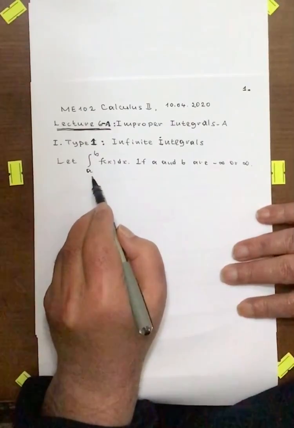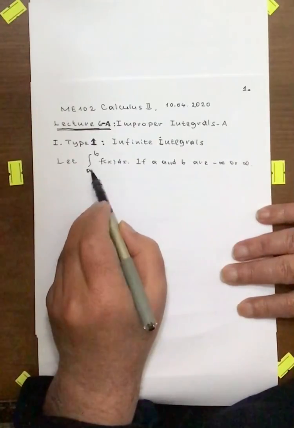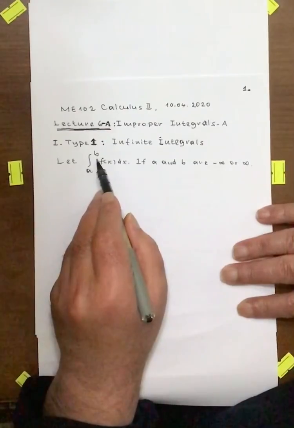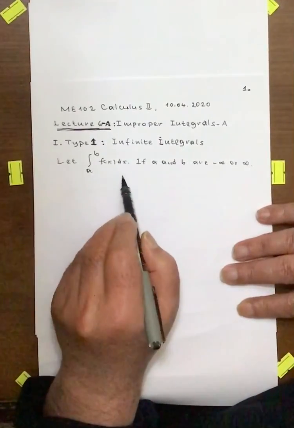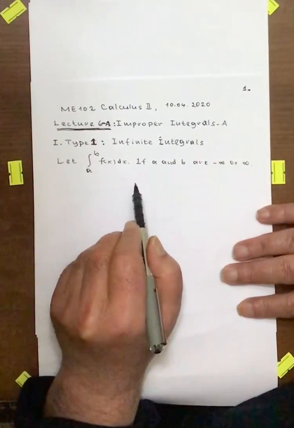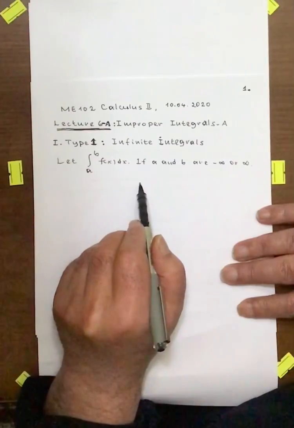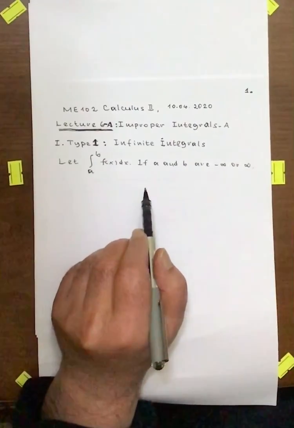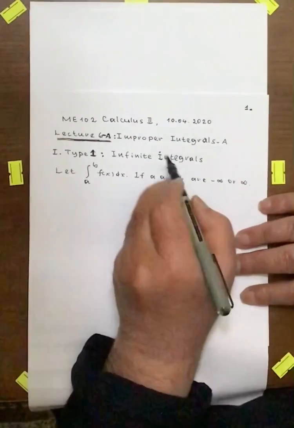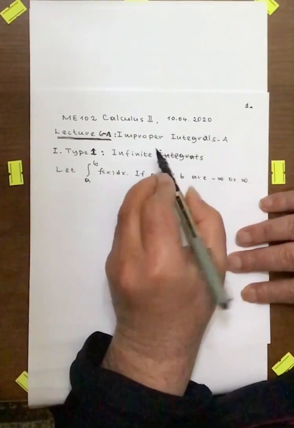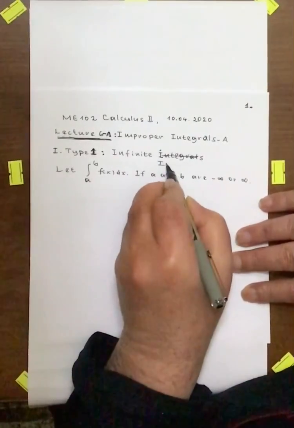Now, actually we are saying that if the upper limit or lower limit is infinite, then we call such an integral infinite intervals. Now, I would like to correct here: intervals.